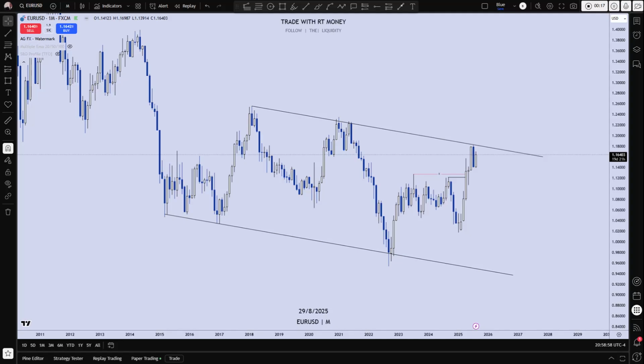That is a high impact news item. If it comes in soft, then the US dollar will weaken. If it comes in a little hot, we are expected at 0.3%, it'll strengthen the US dollar and it'll pop higher.